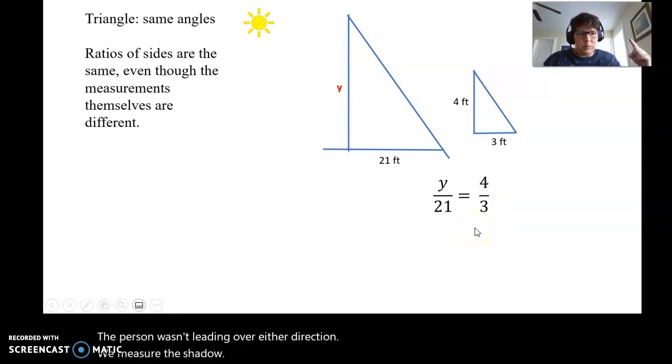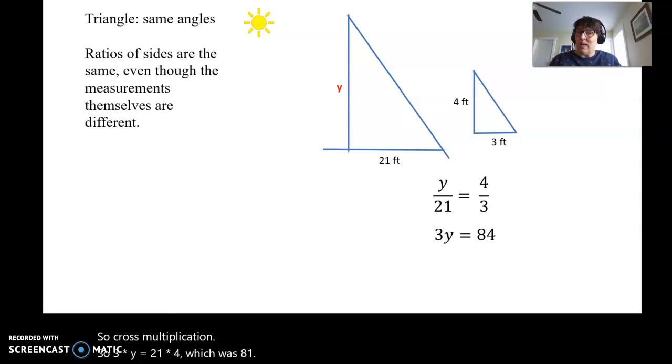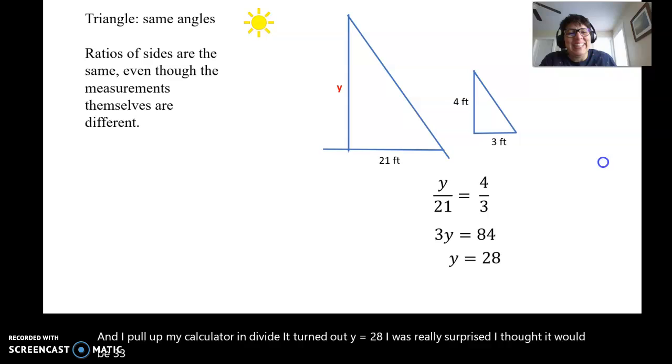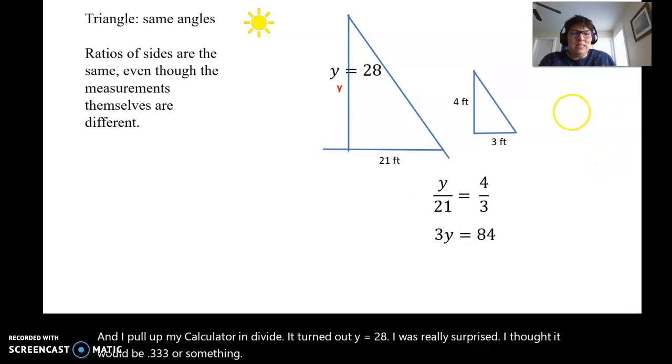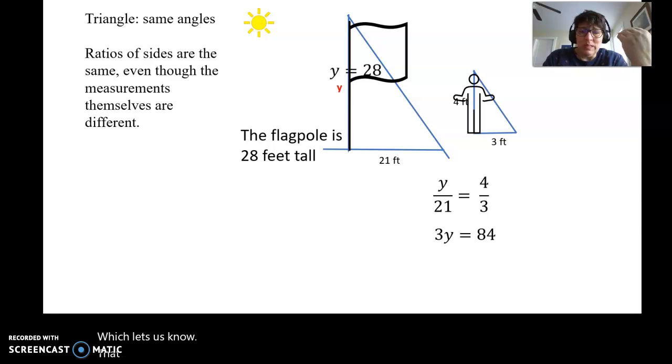So cross multiplication: 3 times y equals 21 times 4, which was 84. And I pulled up my calculator and divided it, and it turned out y equals 28. I was really surprised. I thought it would be 0.333 or something. Which lets us know that the flagpole is actually 28 feet tall.